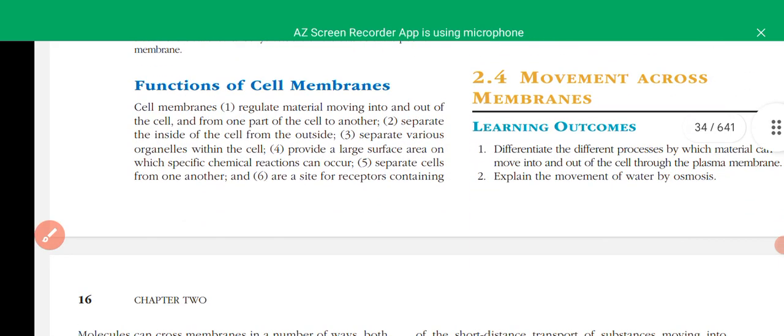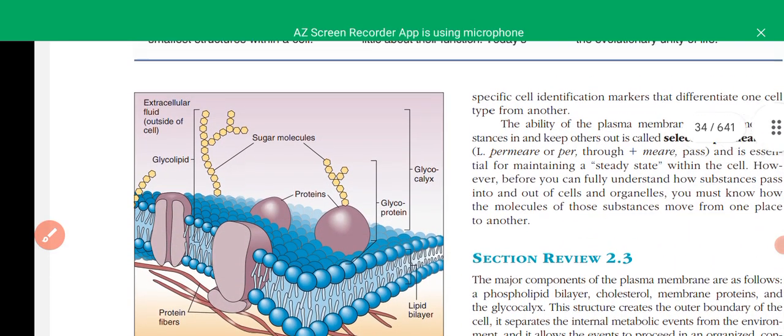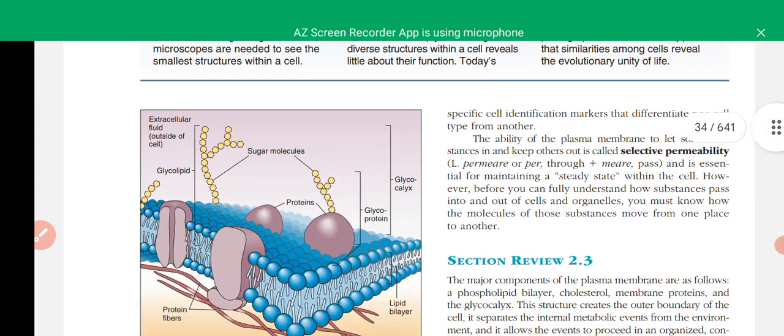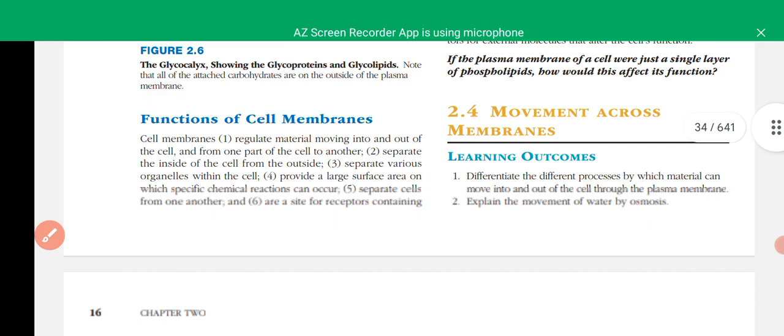Let's talk about the different functions of the cell membrane. They regulate the movement of material inside and outside of the cells, and separate the interior of cells. They also separate the organelles, because cell membranes are not only present as the plasma membrane outside the cell, but also separate the organelles within the cytoplasm from one another.